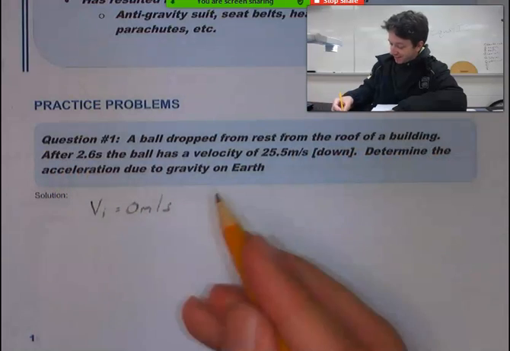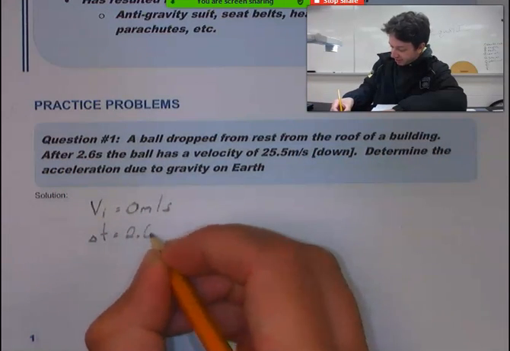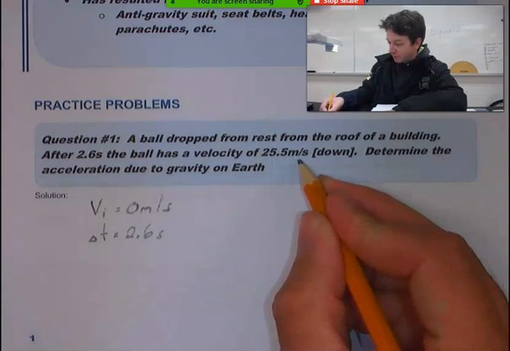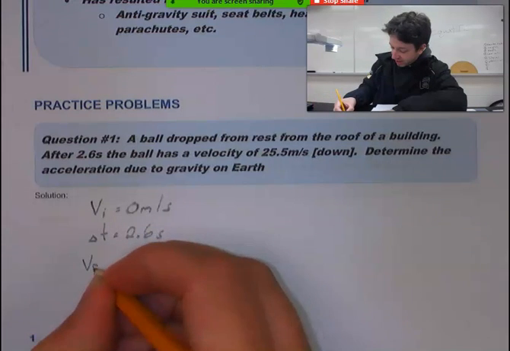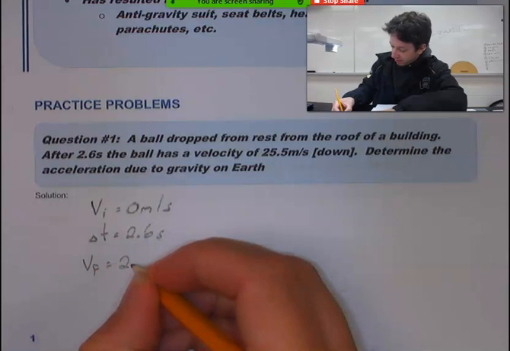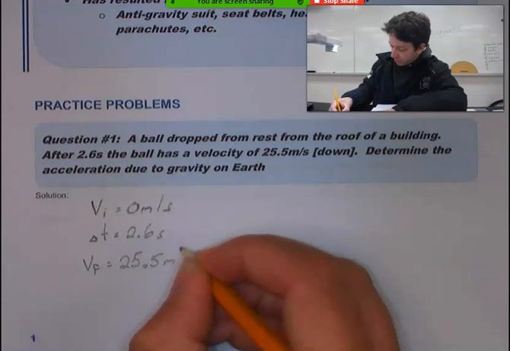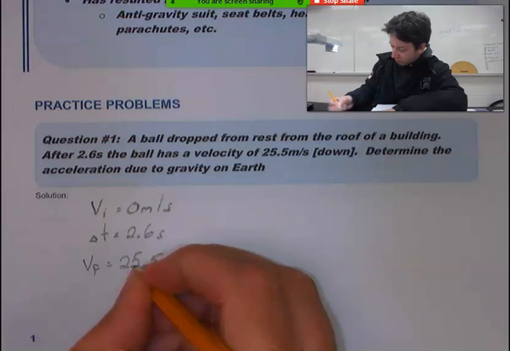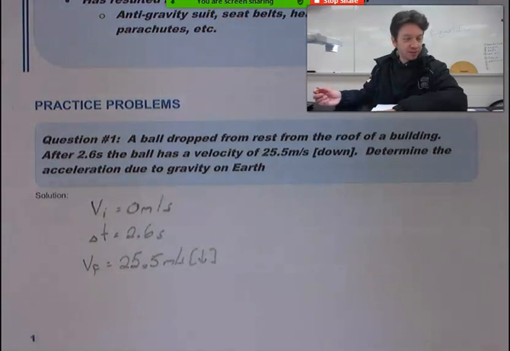After 2.6 seconds, so after a time interval of 2.6 seconds, the ball has a velocity of 25.5 meters per second down. Okay, so that's our final velocity, 25.5 meters per second down. Determine the acceleration due to gravity on Earth.